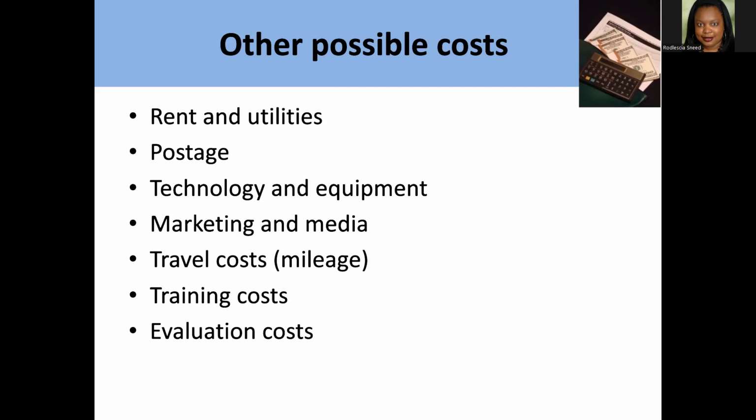So we had to build in the cost of our staff and the individuals that were involved in that grant, traveling once a year for a meeting with the Robert Wood Johnson Foundation and the other funded entities. Another type of travel cost might be mileage, and I'll talk a bit more about that, but it's a very common one that you want to try and incorporate into your cost structure.